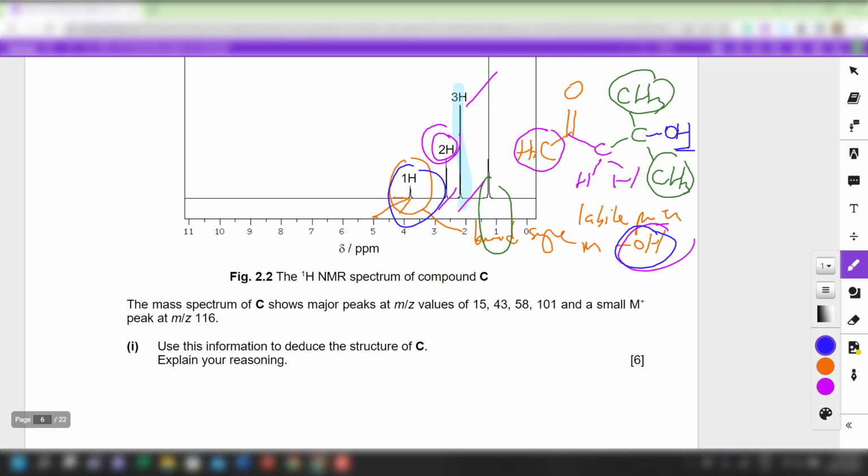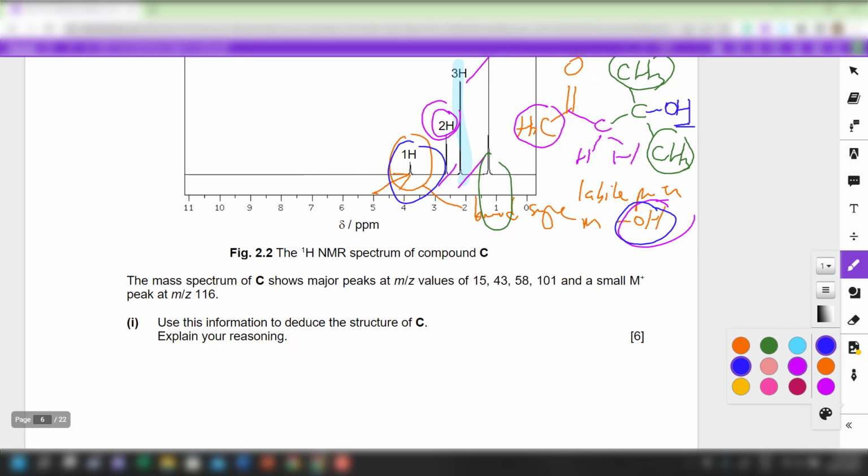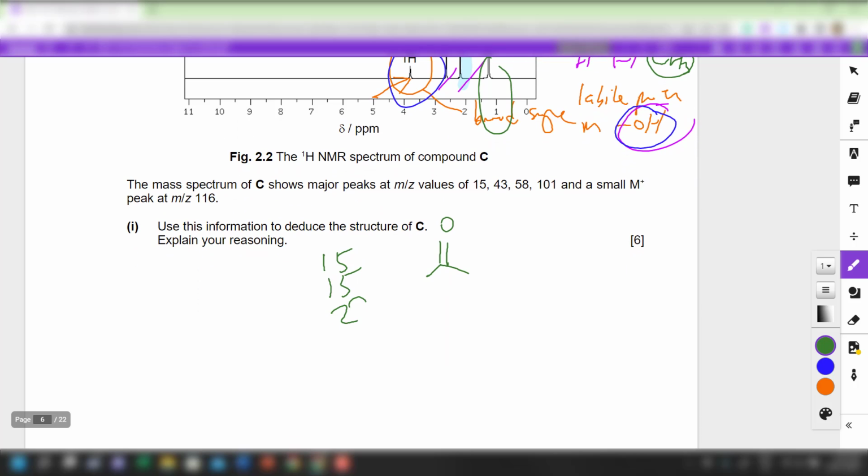Of course, we cannot make any confirmation of our answer without looking at one final data, that is the mass spec. Okay, so for here, the mass spec, we were told that it has a small molecular ion peak at 116. Okay, so if we take a look at propanone, this is actually 15 plus 15 plus 28.